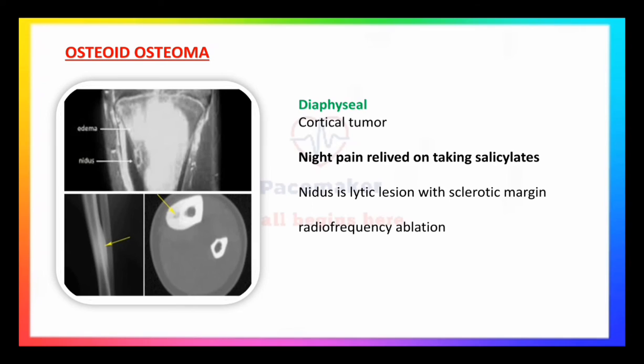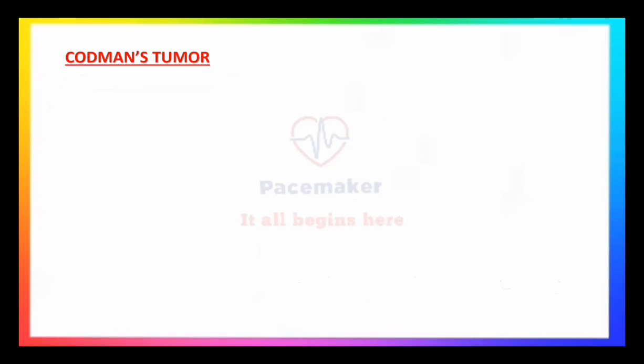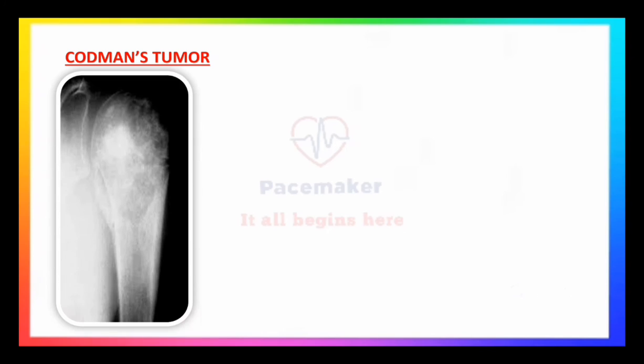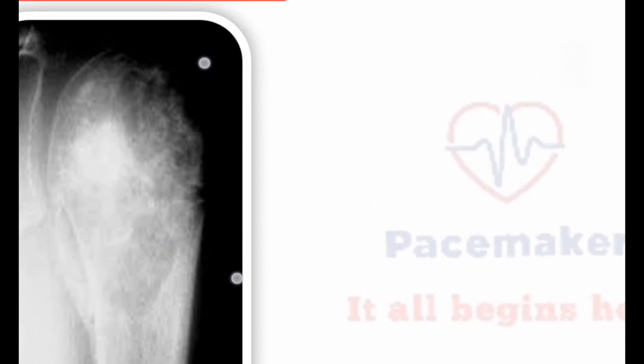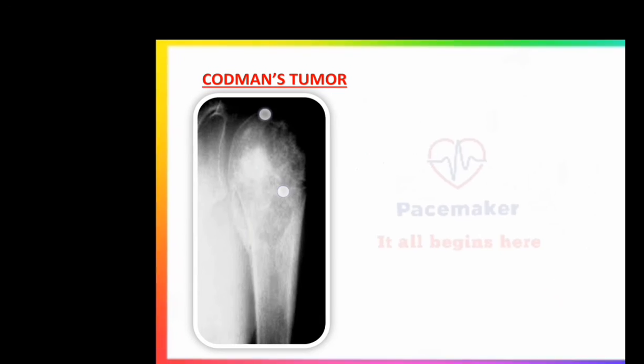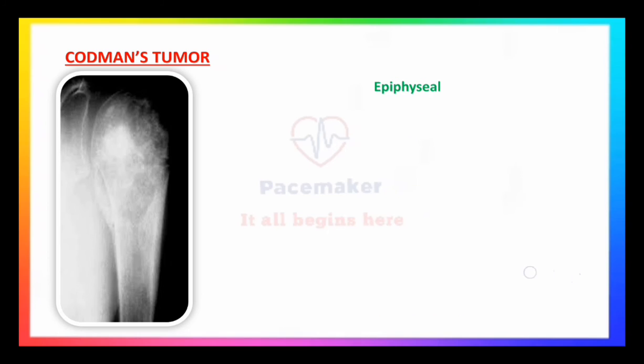a peculiar osteoma known as ivory osteoma or compact osteoma or sclerotic osteoma. Now let us look at Codman's tumor. Codman's tumor arises from the epiphysis of the long bone. You can see here the epiphysis of the humerus, and the common site being the upper end of the humerus.